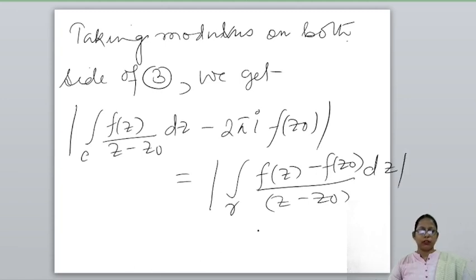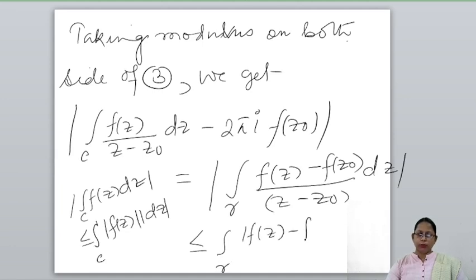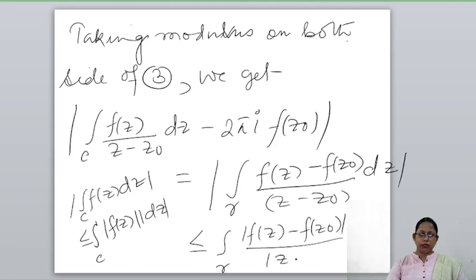Again we use the properties of the modulus of a complex integral.